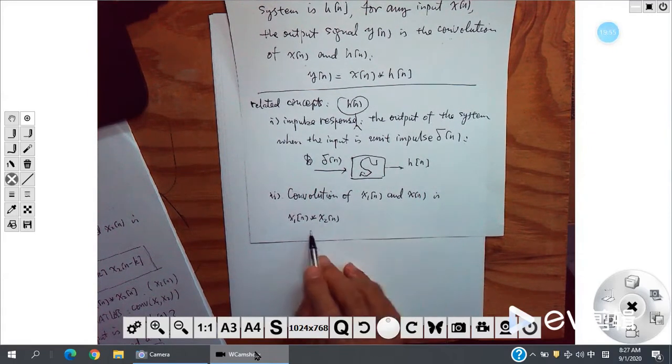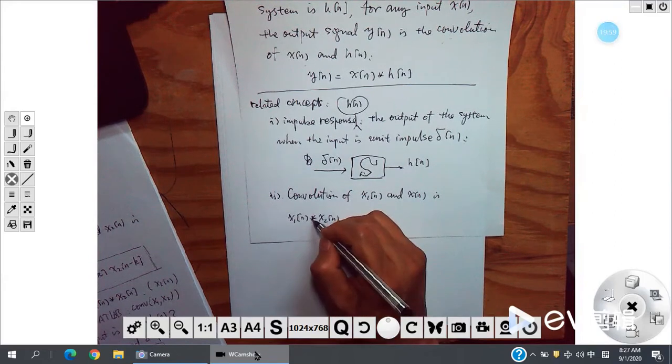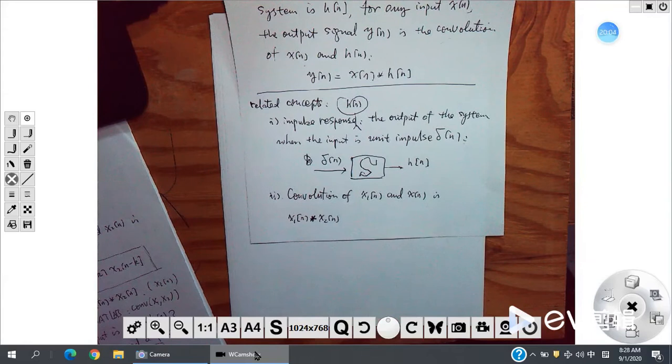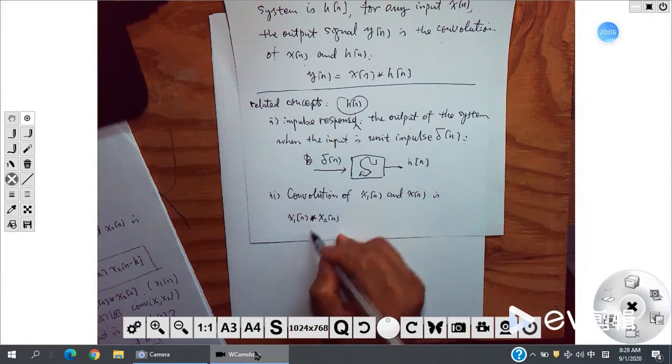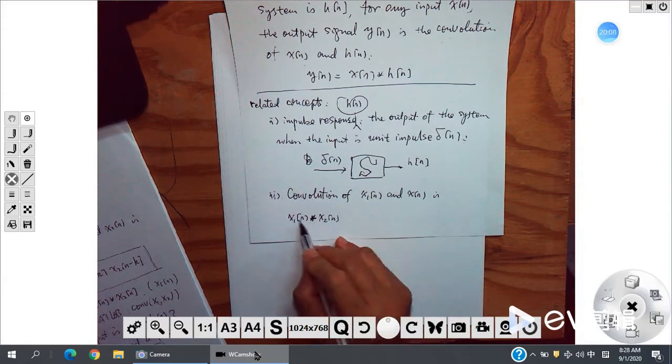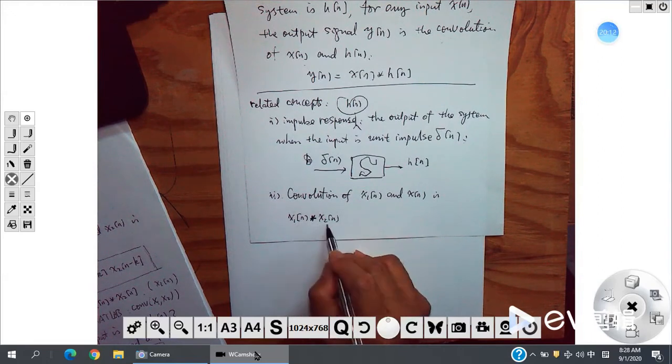So we use a star here. In computers, in most cases, we use star for multiplication, but here, when I write a star between two signals, we mean the convolution of these two signals.